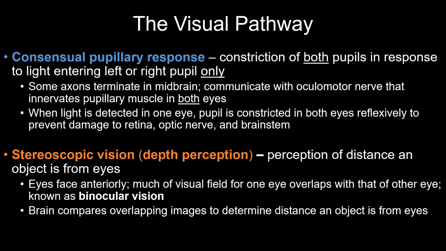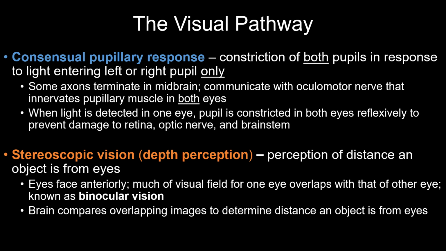Now, you may have noticed that a doctor will shine a light into one eye. What they're actually doing is testing what is known as the consensual pupillary response. And that just means that both pupils are supposed to constrict and not just the one exposed to a bright light. And this occurs because neural connections exist between the eyes.